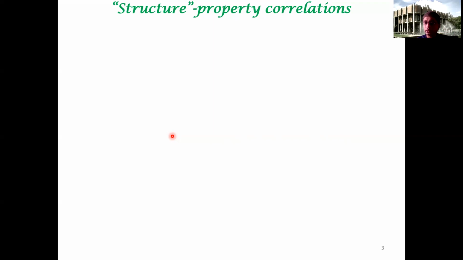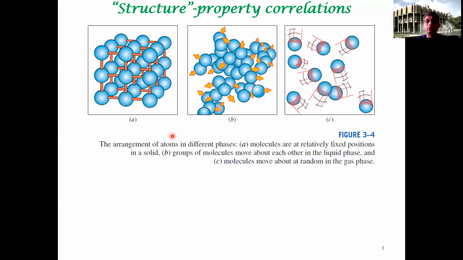This entire term structure, we can try to go beyond a very descriptive usage. Let's see whether we can define it in more rigorous terms. So let's contrast three different kinds of structure. Here you have the structure of a solid, a structure of a liquid, and the structure of a gas.